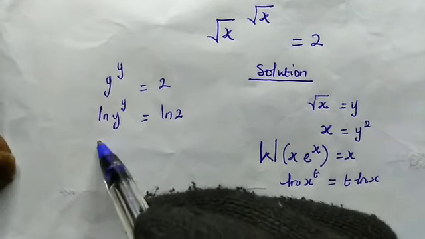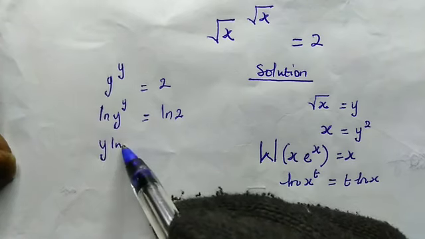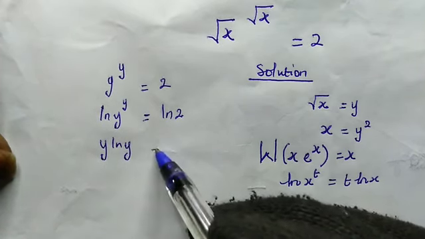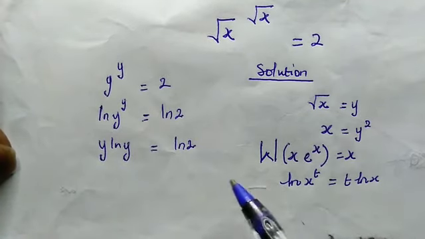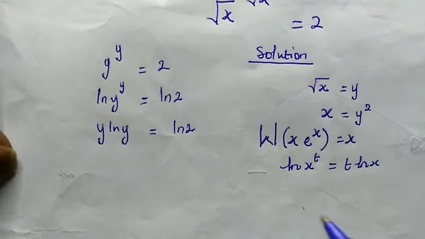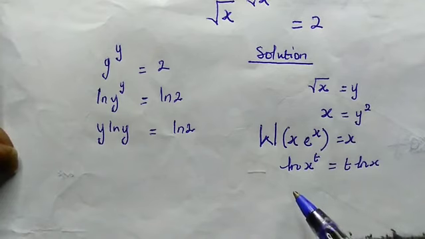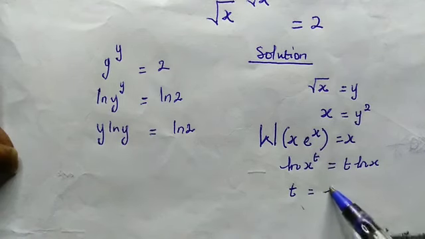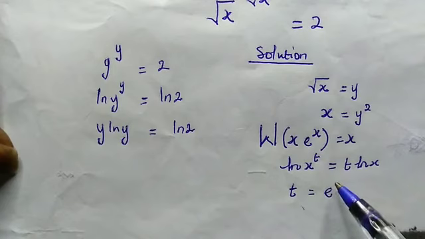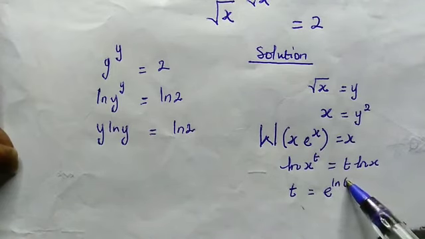So here we're going to have y multiplied by the ln of y, and this is equal to the natural log of 2. Now let us recall another nice property of the natural logarithm. We know that t can be rewritten as e raised to the power of natural log of t, right?